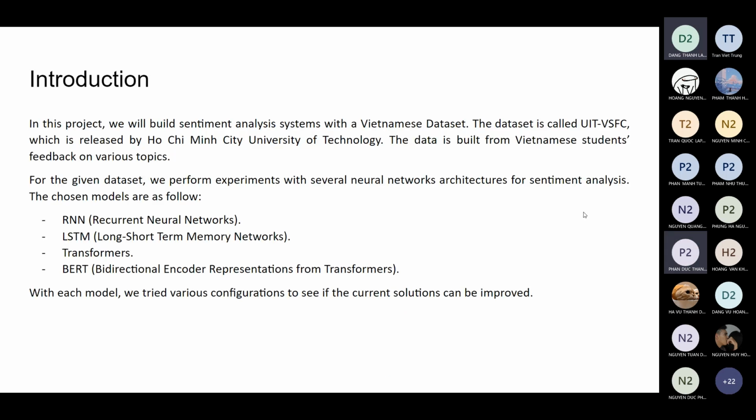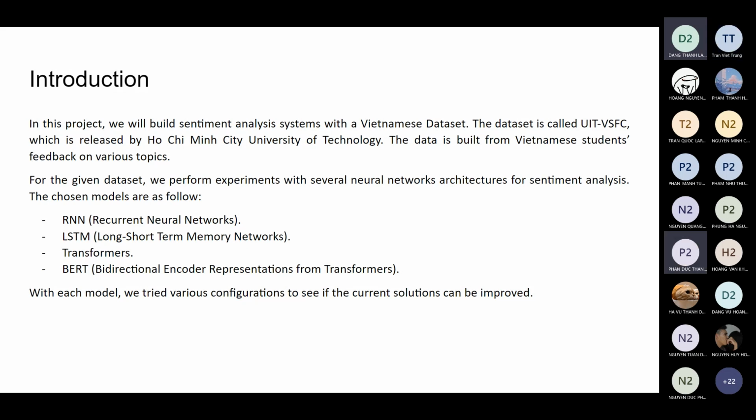In this project, we will build a sentiment analysis system based on the UIT-VSFC dataset, which contains Vietnamese student feedback on various topics from Ho Chi Minh University of Technology. For the given dataset, we choose to implement 4 models to see if we can achieve better results, which are RNN, LSTM, Transformer, and BERT.